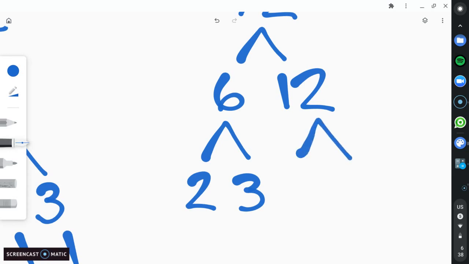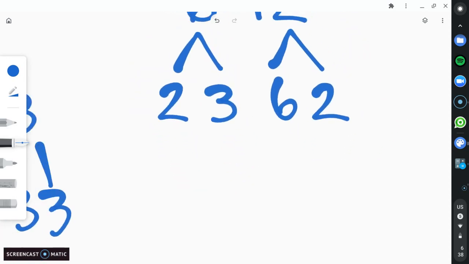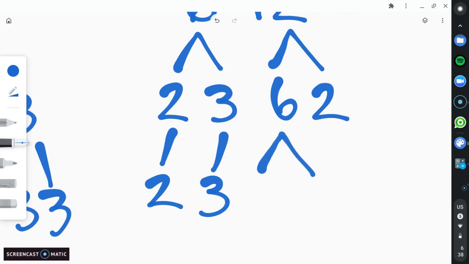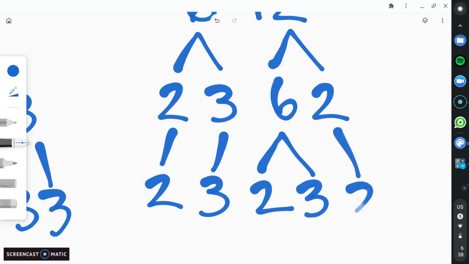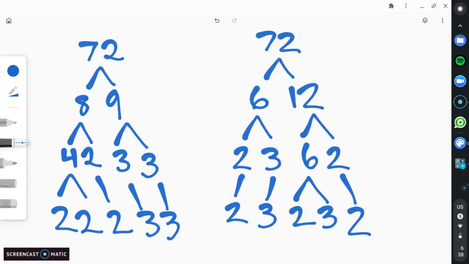What two numbers multiply to get to 12? 6 and 2. Alright, so we got prime numbers, 2, 3. Now, what two things multiply to get to 6? 2 times 3. And then you bring all the prime numbers down. So now we have 2, 3, 2, 3, 2 as our prime factorization.